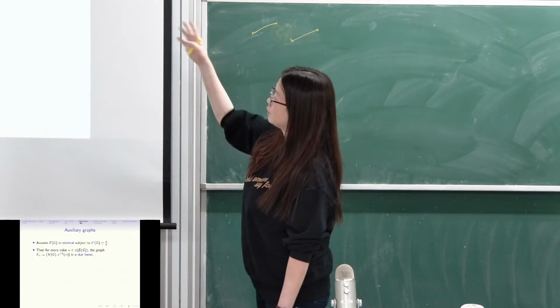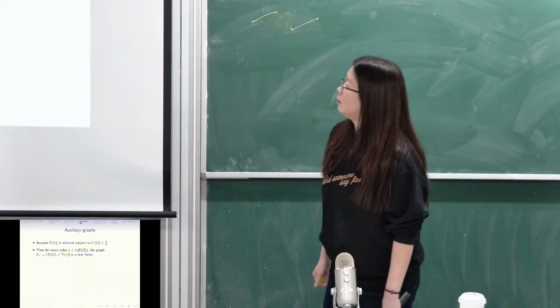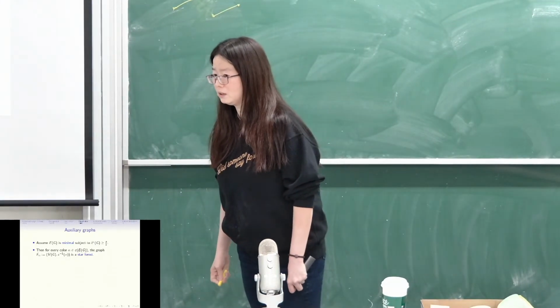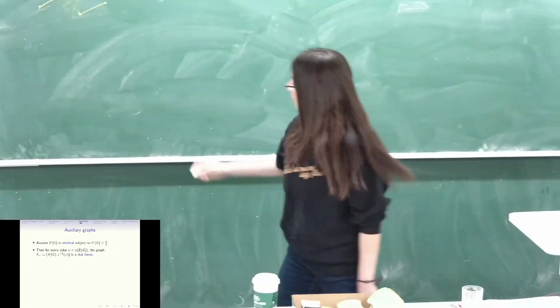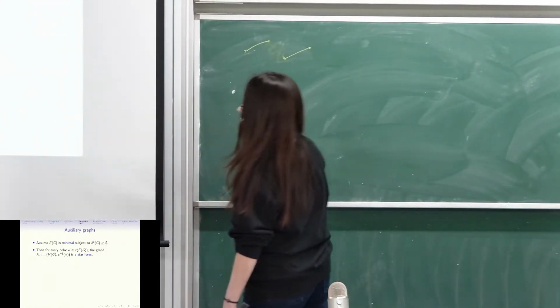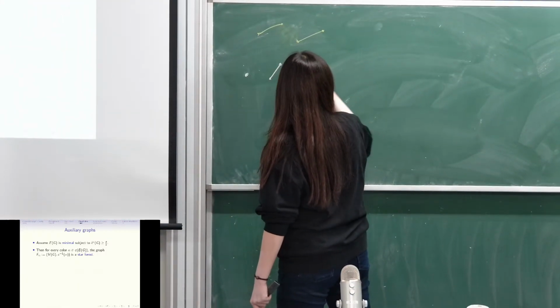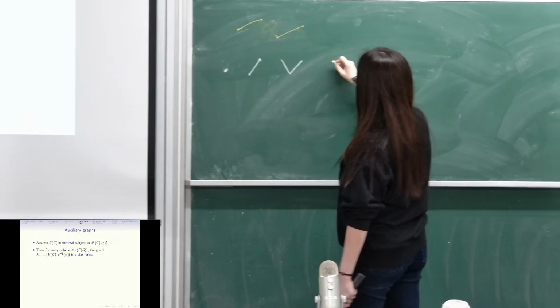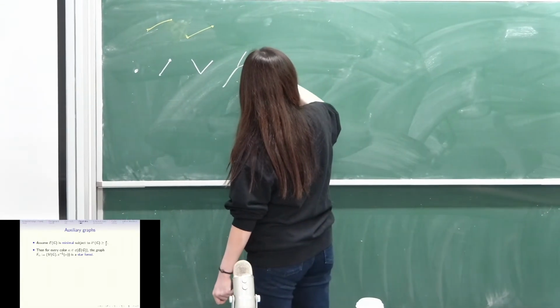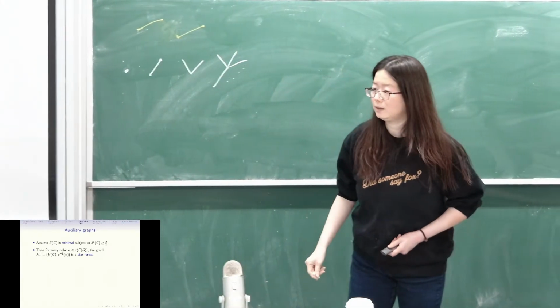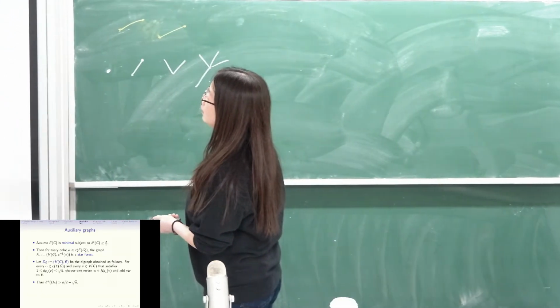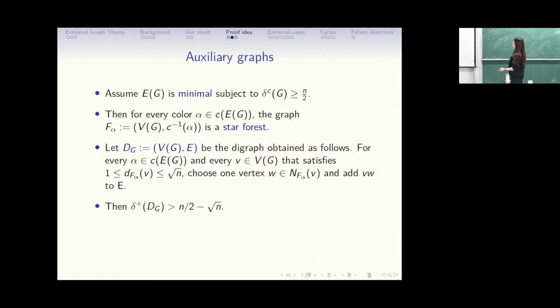So if I focus on one color alpha, then the structure would be a star forest, meaning that we could have isolated vertices, edges, paths of length 2, or general big stars. And now I'm going to define a directed graph as follows. I go through every vertex v in the graph, focusing on color alpha.